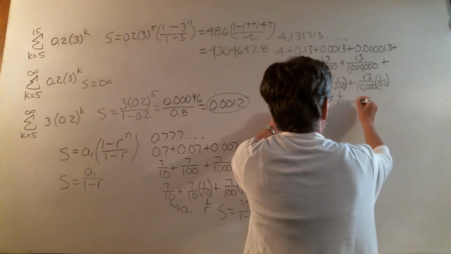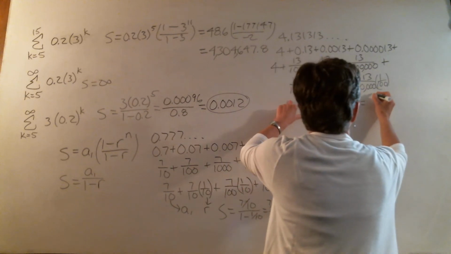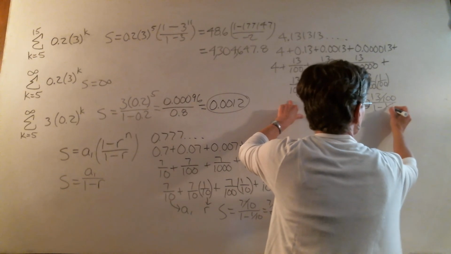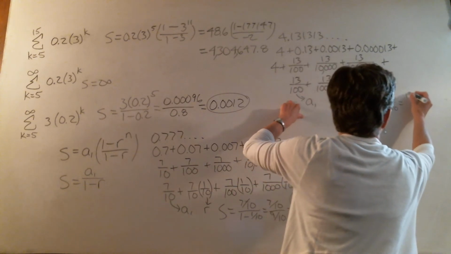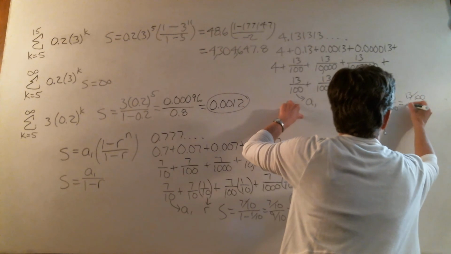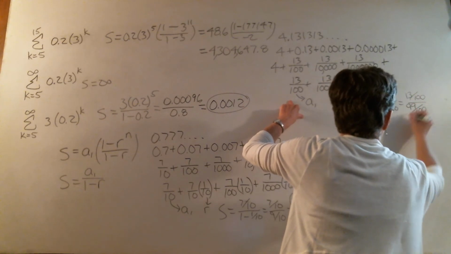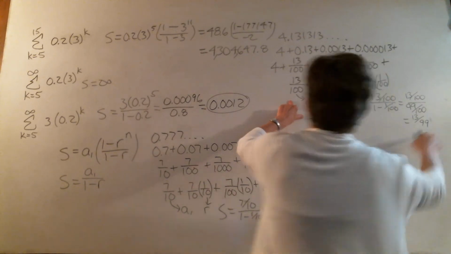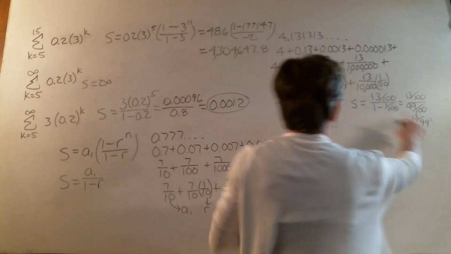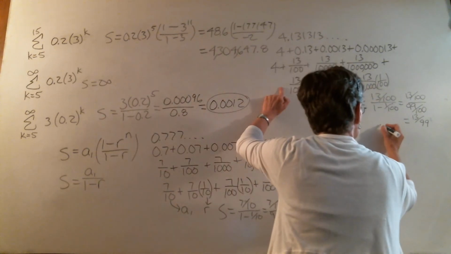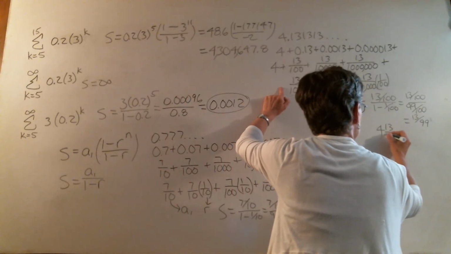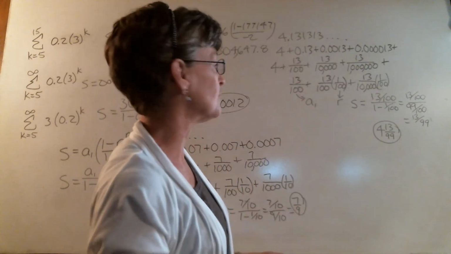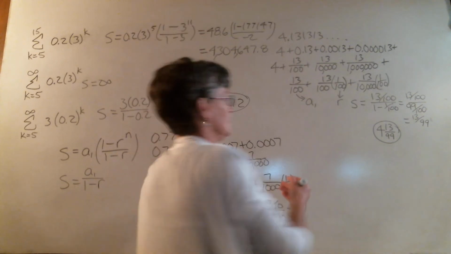So the sum of this part of my number is going to be A1, 13 over 100, over 1 minus R, which is 1 over 100, and that's 13 over 100 over 99 over 100, so that's 13 over 99. Now, I need to add the 4 to that. This was just the sum of that sequence. So my real number is 4 and 13 over 99. That's what a mixed number is. When you've got a mixed number, you're adding a whole number and a fraction.